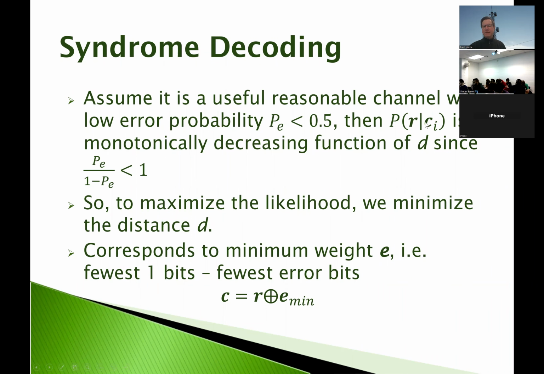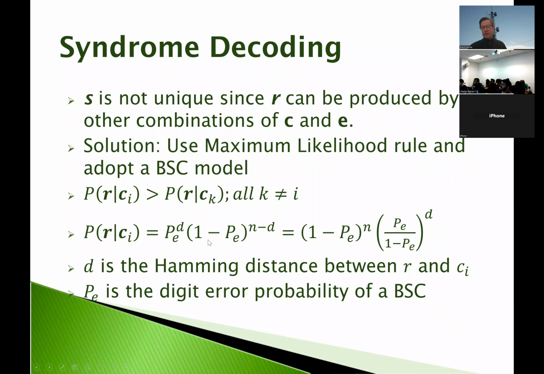Then that means that this probability on the left-hand side is going to be a monotonically decreasing function of D, right? If you exponentiate a number less than 1 to greater and greater powers, it gets smaller and smaller. If you take 0.9 and square it, you get some value, and you take 0.9 and cube it, that value is smaller, right? It gets smaller and smaller, so monotonically.